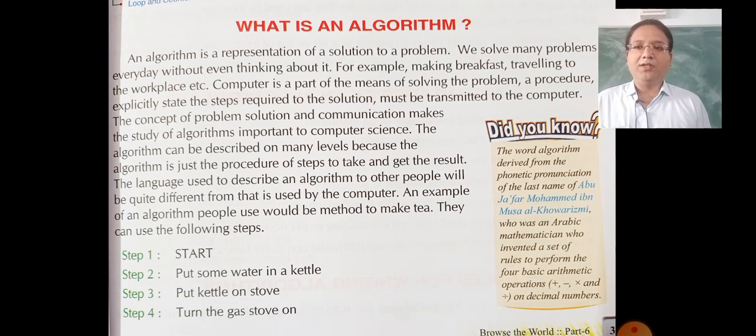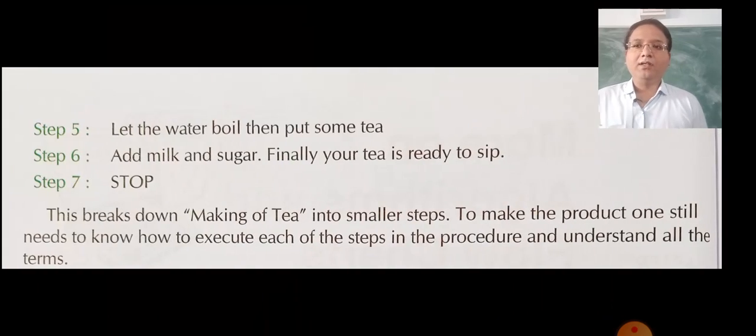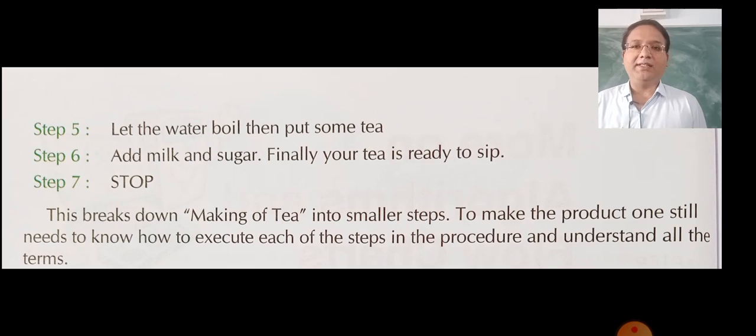Step 4, turn the gas stove on. Step 5, let the water boil, then put some tea. Step 6, add milk and sugar. Finally, your tea is ready to sip. And step 7, stop.